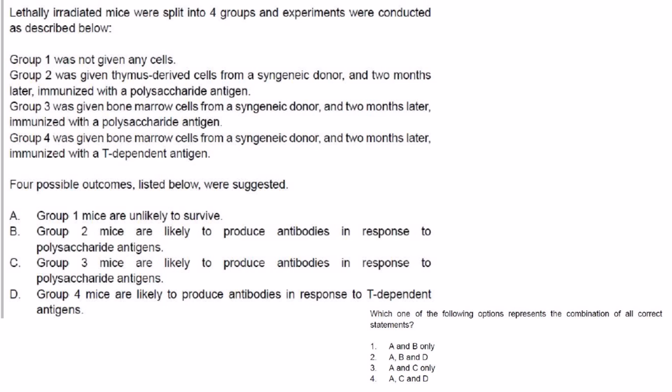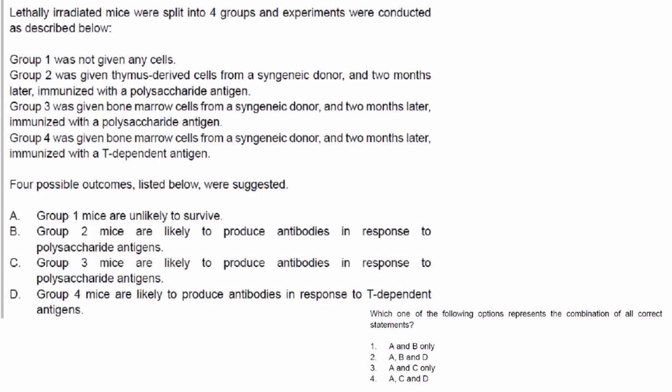They have done different experiments, that is they have given cells to various mice which are lethally irradiated. Okay, they have given thymus derived cells, they have given bone marrow cells, they have not given any cells also. So what is the outcome of this experiment? You have to tell.